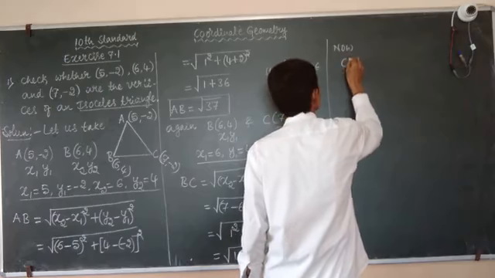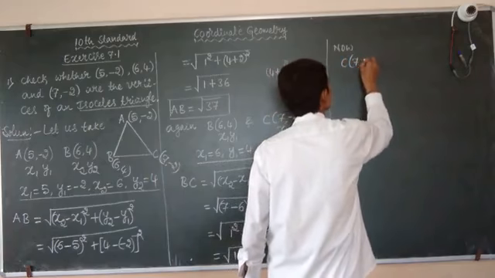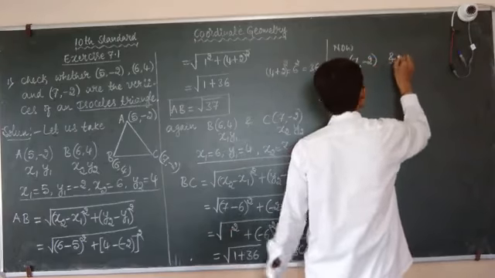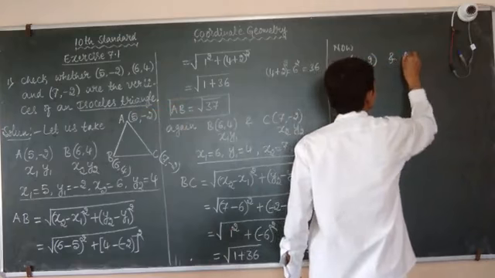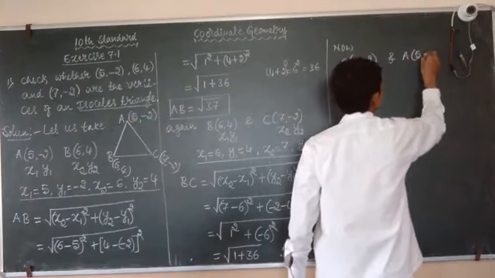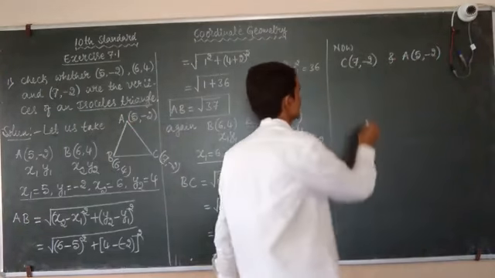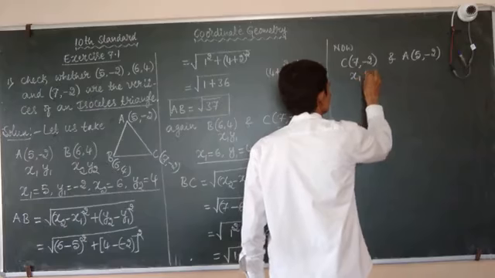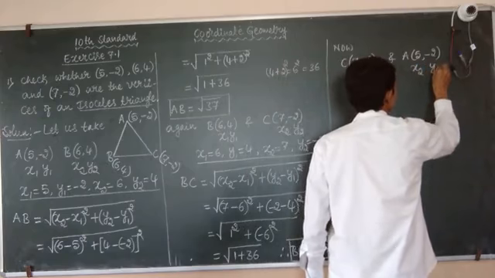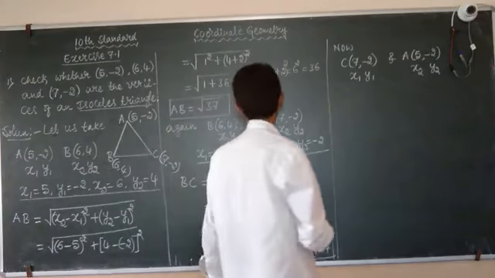Now CA. So C, the value of C is 7 minus 2, and A is 5 minus 2. This is x1, y1, x2, y2.